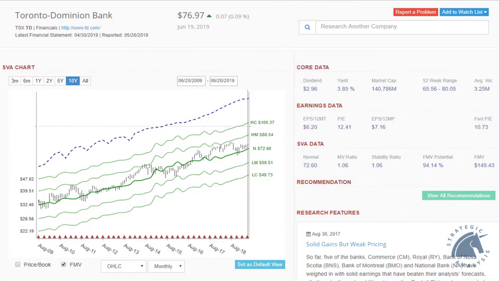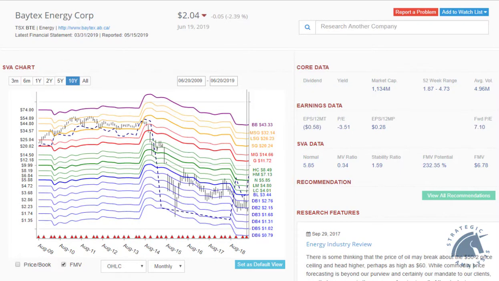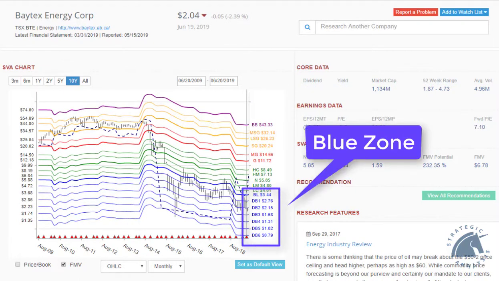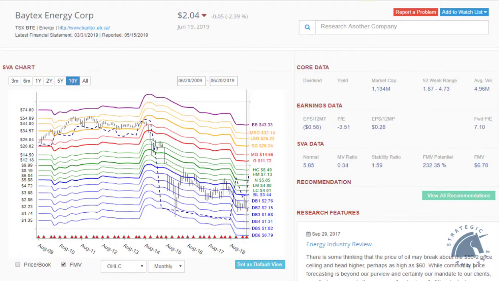Anyway, I'm going to end my discussion of the breakpoints by looking at what we call the blue zone. The blue zone is the place for stocks to go to die. Stocks here tend to be characterized by balance sheets with falling book values, or by stocks which investors think have balance sheets that will suffer from a declining book value.